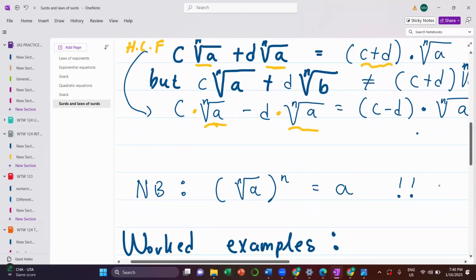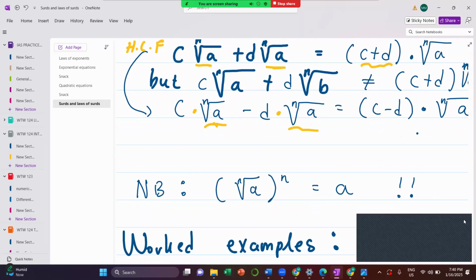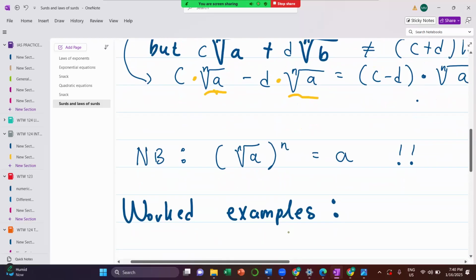An important fact is this one. The nth root of a number raised to the exponent of n is actually equal to that number. So what do I mean by this?